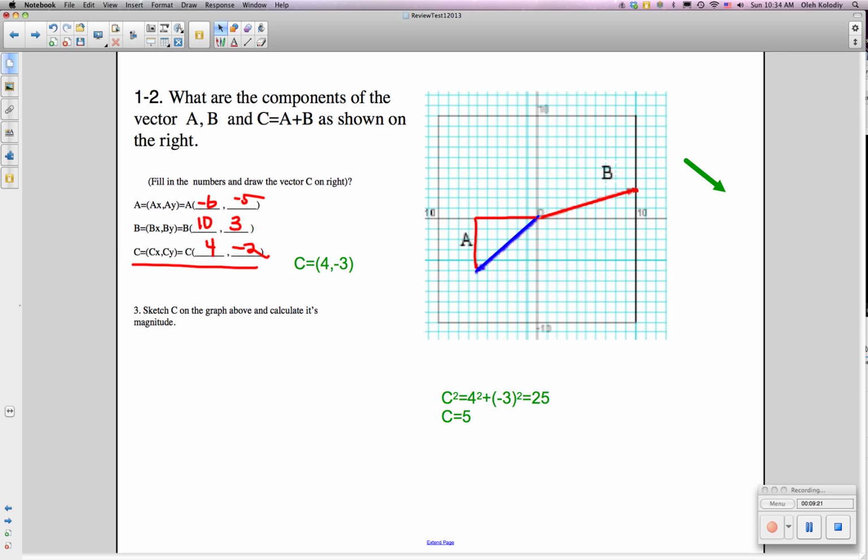In any case, the length of the vector C is going to be 5. And so this is what C looks like. It has an x component of 4 and a y component of minus 3.